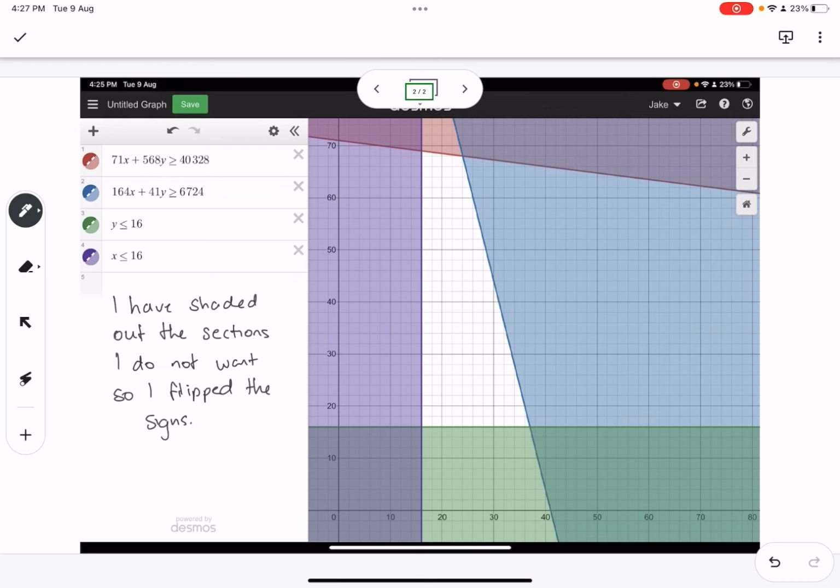So now we need to label this here as our feasible region, and our critical points, the corners: this here is (37, 16), this one here is (16, 16), this one here is (24, 68), and this one here is (16, 69).